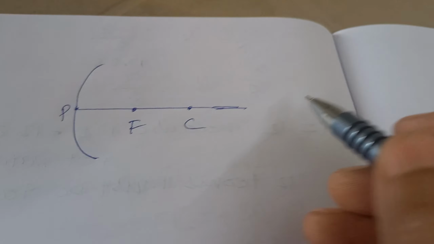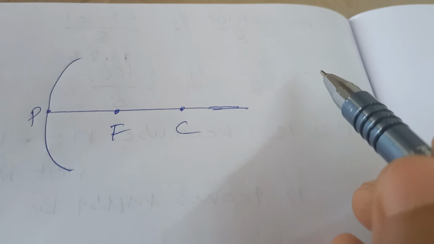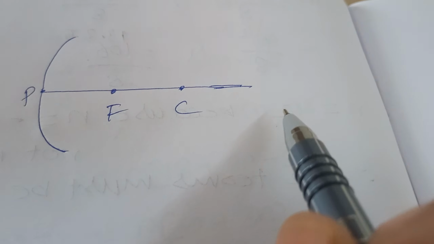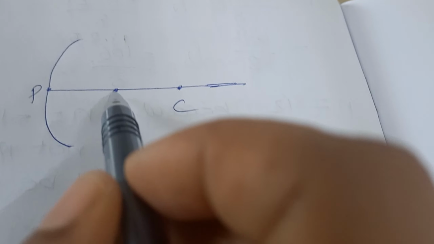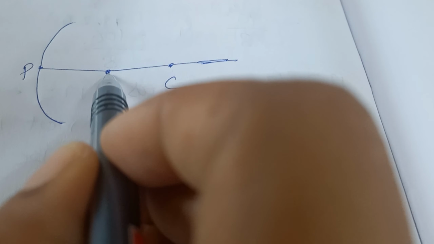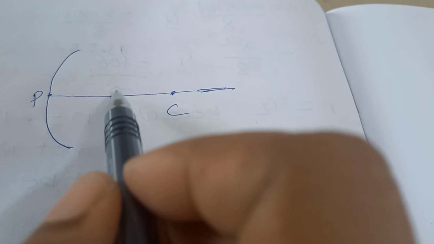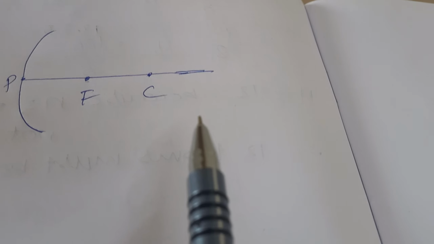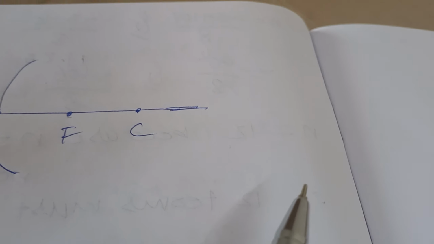Now let's see. First, if the object is at infinity, meaning somewhere we don't know the exact location, then we get the image at the focus. Here we get a highly diminished, point-size image, and it is also real.